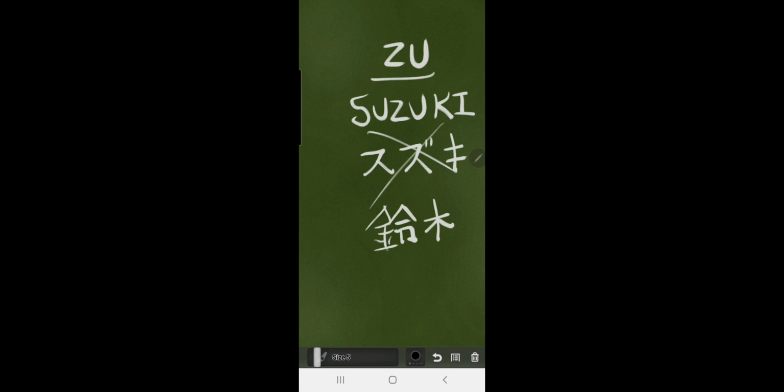So this first character is the word for bell, and the second character means tree or wood. So basically it means a wooden bell. That's what Suzuki means with kanji. So this first character is Zu, Zu.